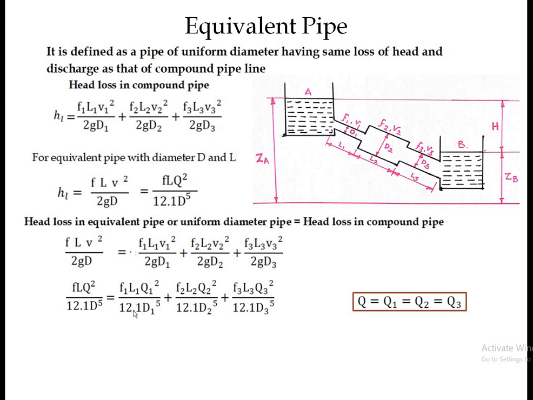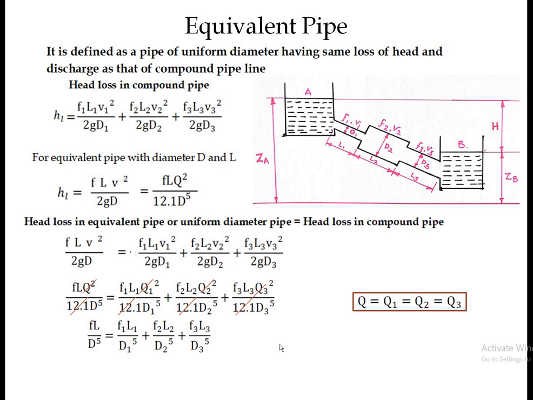Therefore the Q square terms get cancelled, and the 12.1 also gets cancelled, and we get this equation: f L upon D raised to 5 equals f1 L1 divided by D1 raised to 5 plus f2 L2 upon D2 raised to 5 plus f3 L3 upon D3 raised to 5.